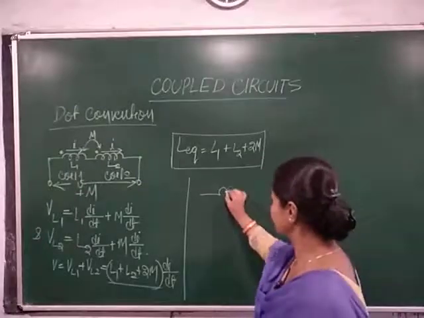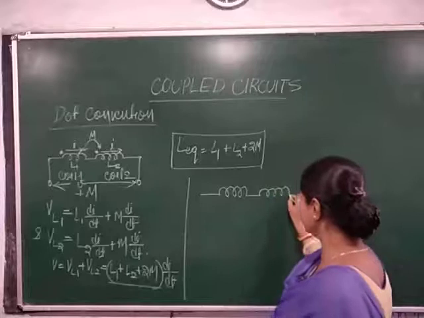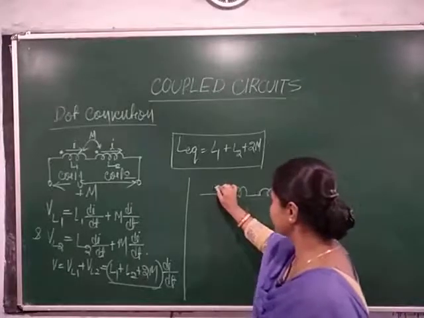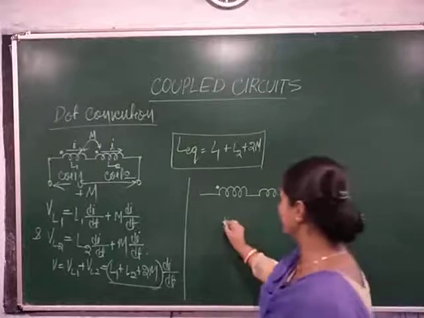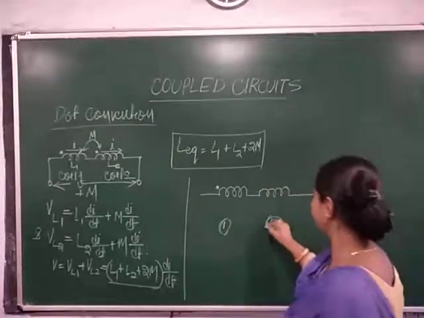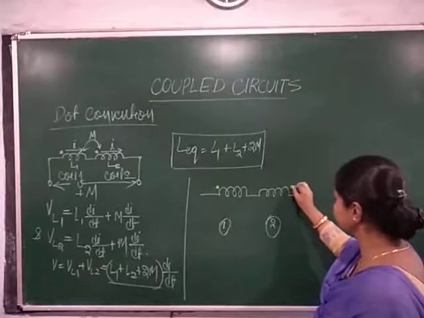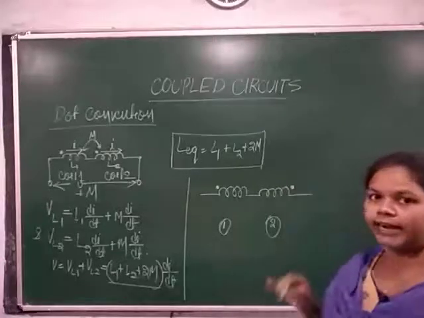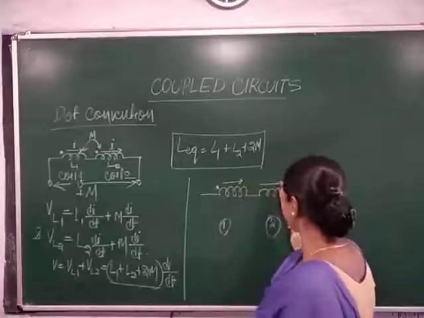Suppose I place the dot in the first coil at the starting end, and on the second coil, this is coil 1, this is coil 2, I place it at the end point or end terminal, and show the through current direction.